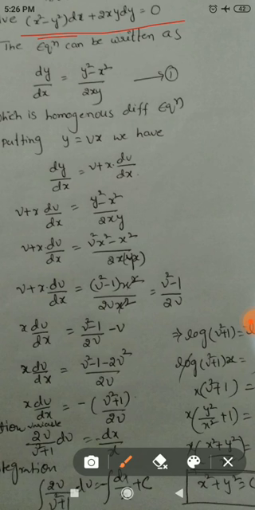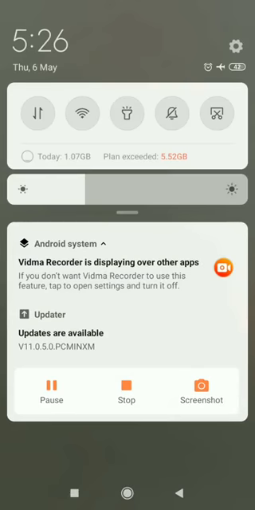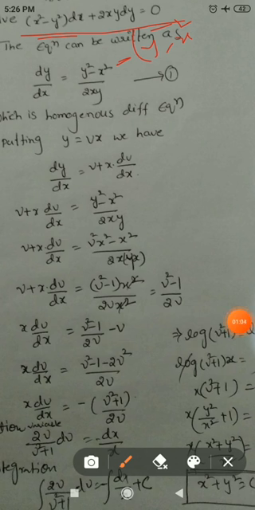The equation x square minus y square into dx plus 2xy dy equals 0 can be written by taking minus common: y square minus x square into dx equals minus 2xy dy.